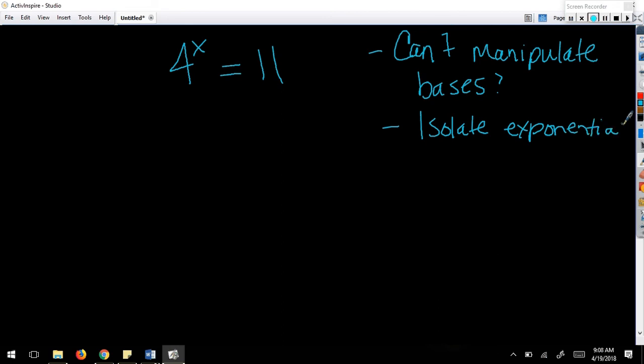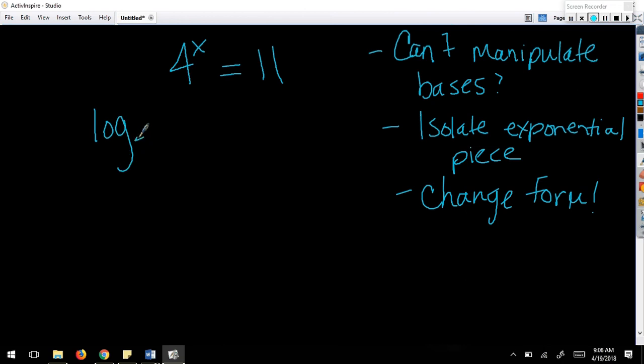You've kind of already solved some similar ones. When you get stuck with exponentials or logarithms, what do you do? Change the form. Let's change the form and see what happens. What does it become?